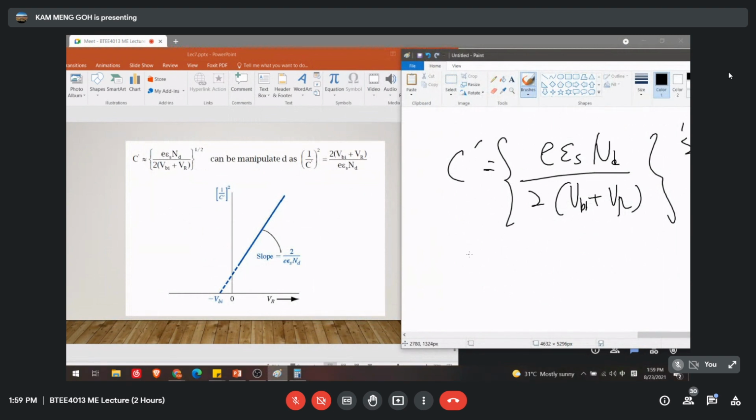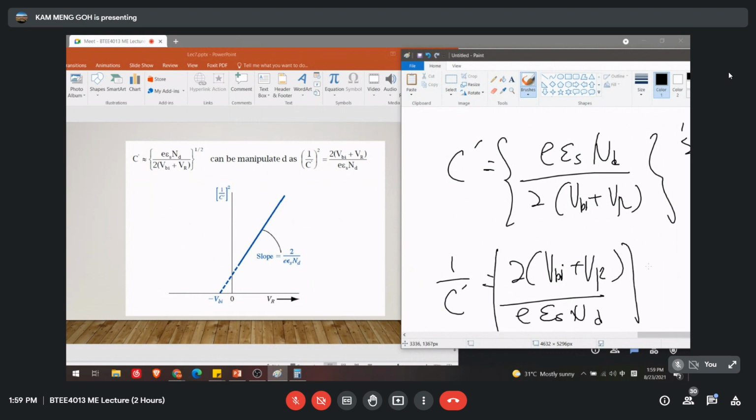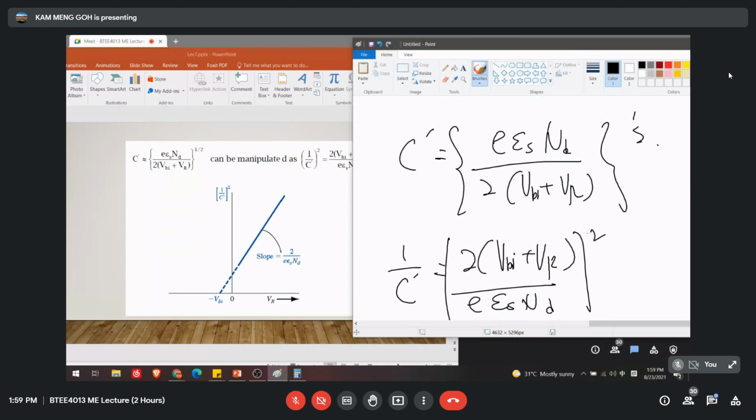Basically you do 1 over C, equal to the square root of 2 (VBI plus VR) over q epsilon_s Nd. After this, we write everything again.